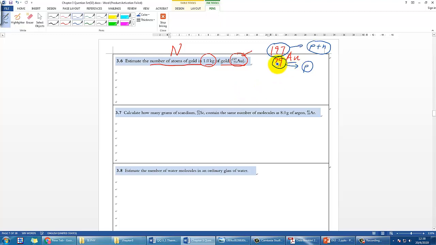So as long as it is 79, it must be gold in that case. You should have learned it in physics or chemistry in IGCSE also. But anyway, since you know the total number of proton and neutron is 197, which is also the mass number, then that also means it is 197 gram per mole.